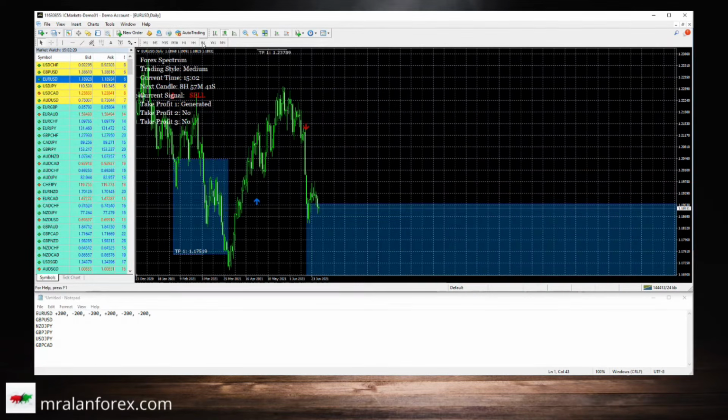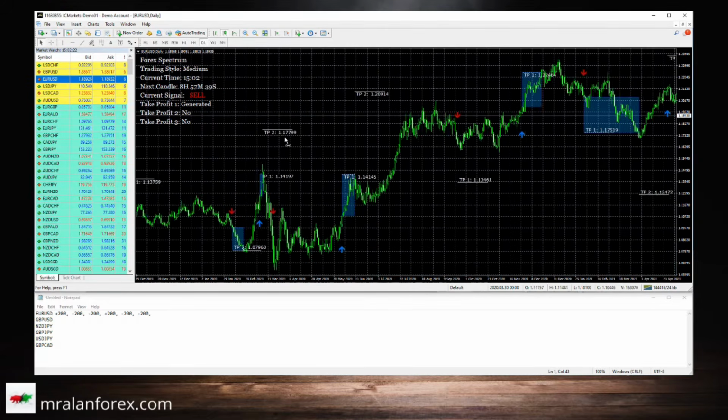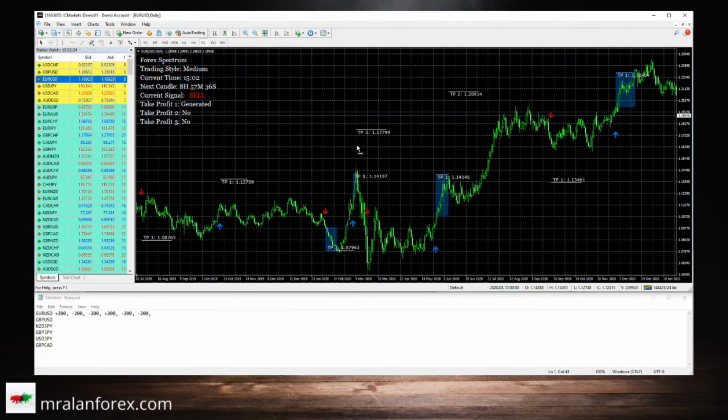Let's go back to where we were. So we're here. Okay, so I'm just assuming that there are no take profits. So these are 100. So it looks like they are, because it was bounced down, which would have been over 300 pips profit, but there is no take profit one here.